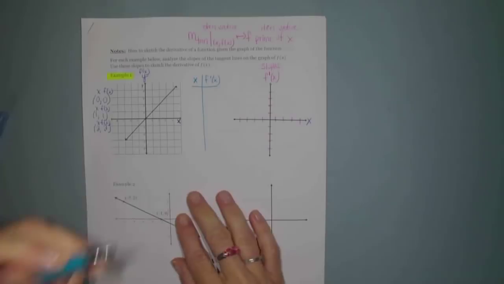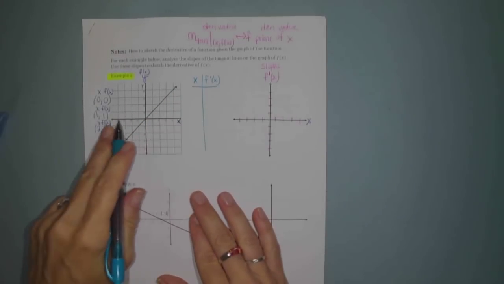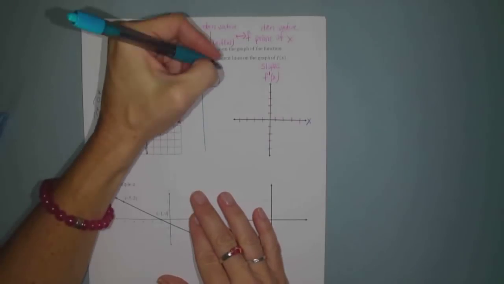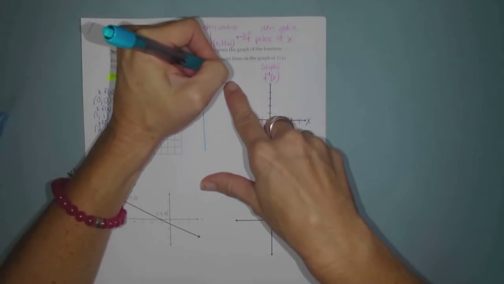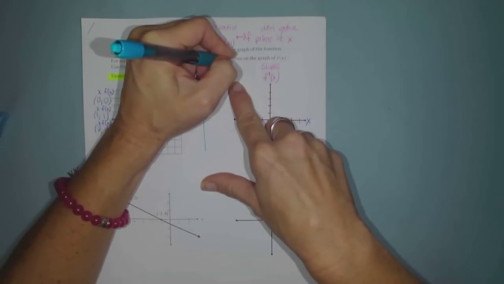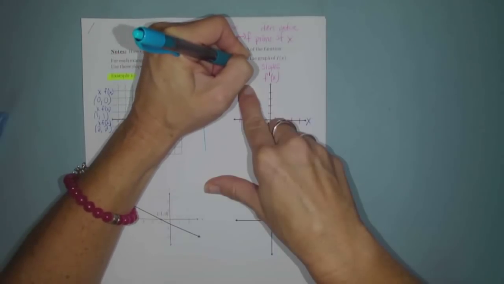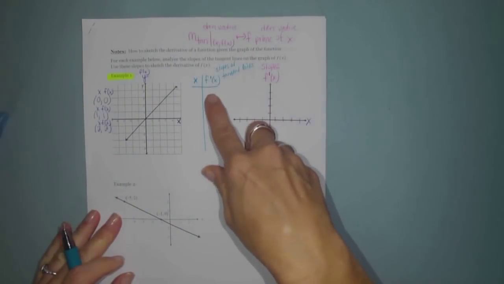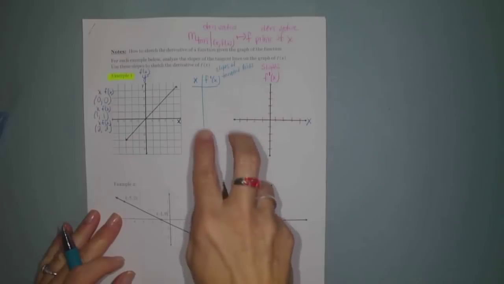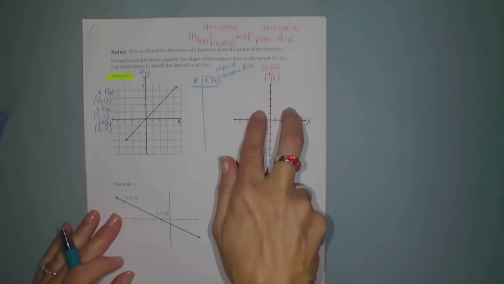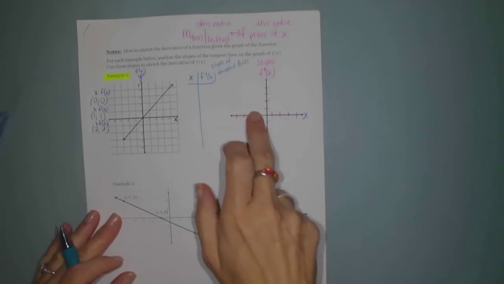And remember, for every x value we choose back here, we're going to be looking at the slopes of the tangent lines and putting that number, whatever the slope is, in this column. We'll then be plotting these points over here and we'll have the derivative graph.